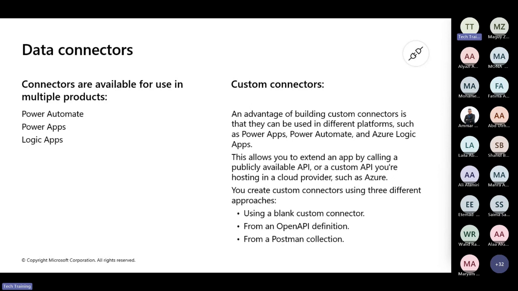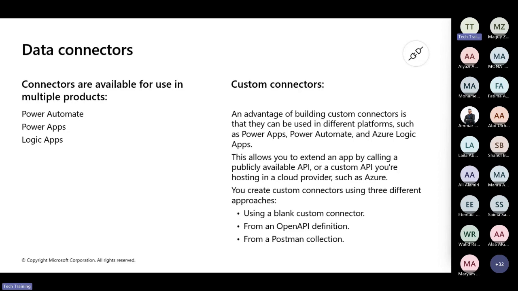I can now simply connect to more than 270 or 275 sources, like the weather sources, Adobe solutions, OCRs, whatever sources I can use. I can also create my own custom connectors.